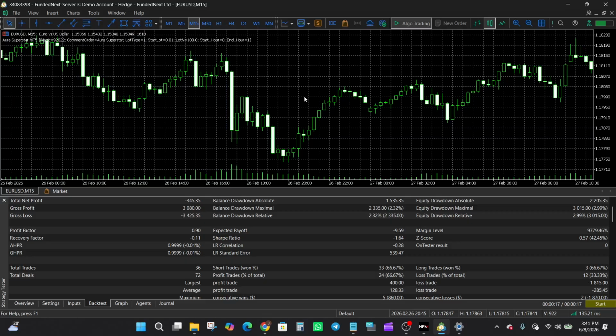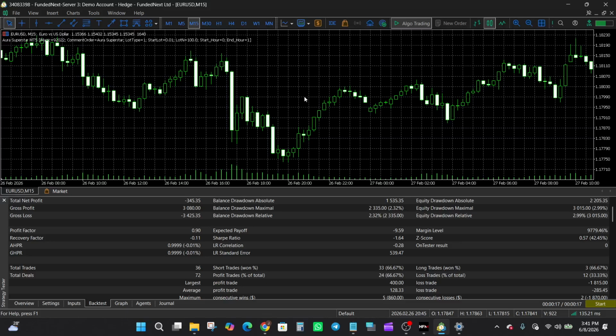Now, overall, the Aura Superstar EA for MT4 and MT5 is presented as a time-specific multi-currency scalping system that combines machine learning concepts with structured risk control and fixed trade management rules.